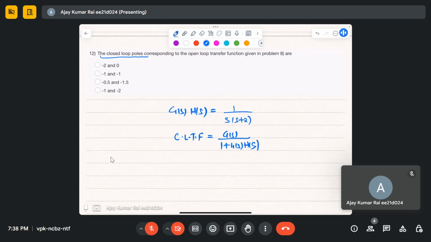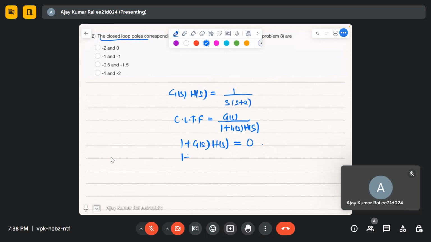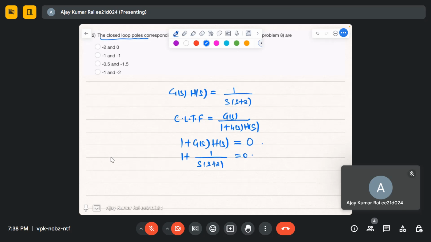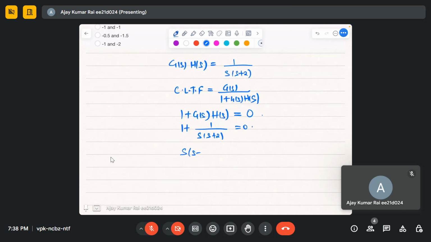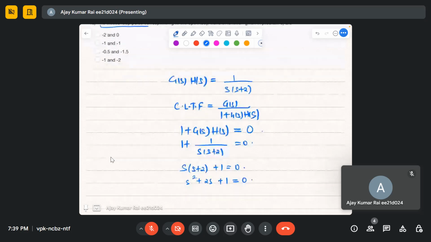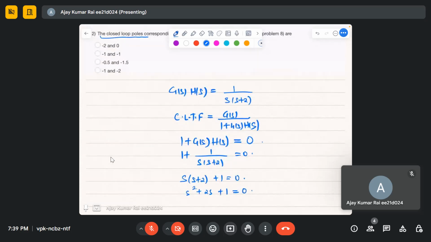To find the closed loop poles, you have to write the characteristic equation and equate it to 0. And the roots of this are the closed loop poles.